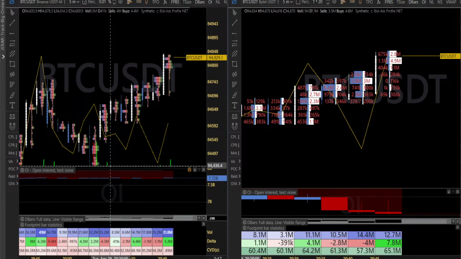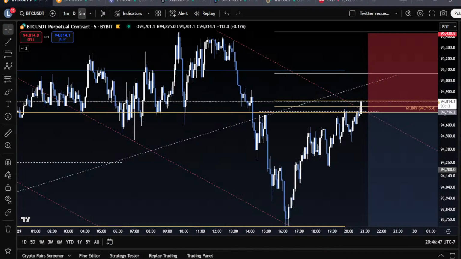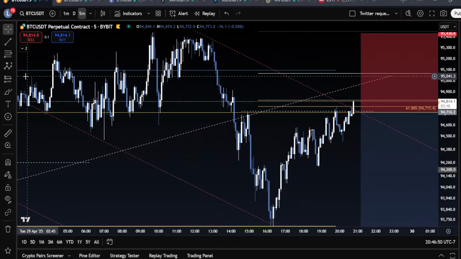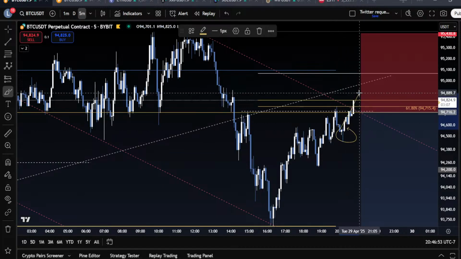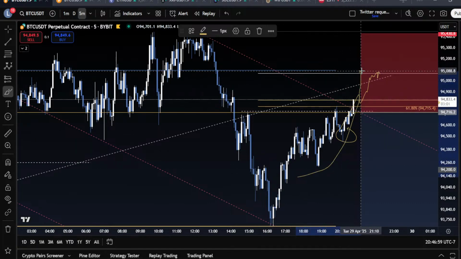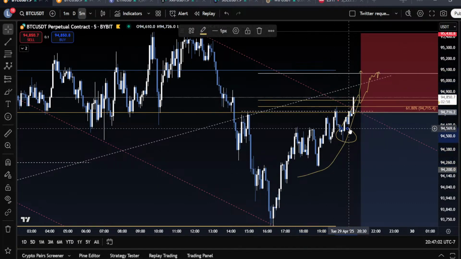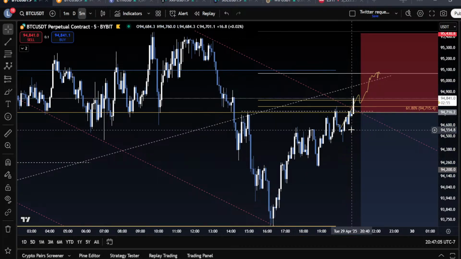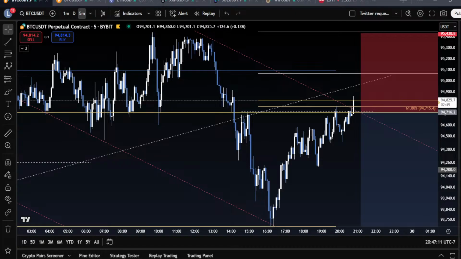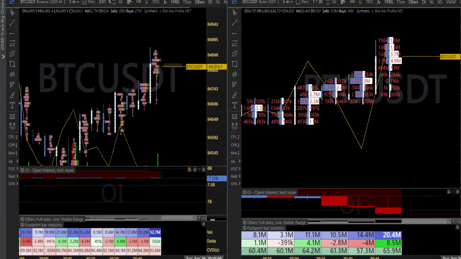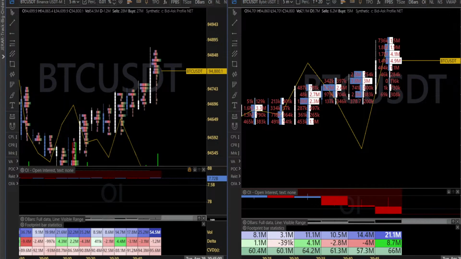Gotta be thinking some of these higher levels and potentially a breakout might be coming. We'll see. Am I in order flow? Yeah. That short's still not really squeezed out locally, but this is getting quite impulsive looking. A little bit of a run.